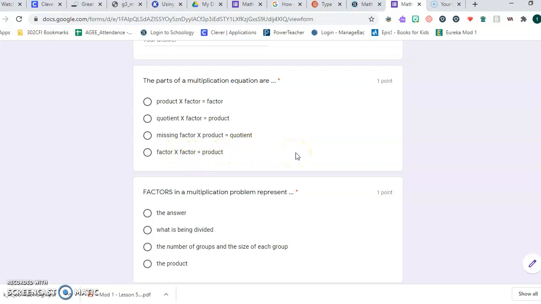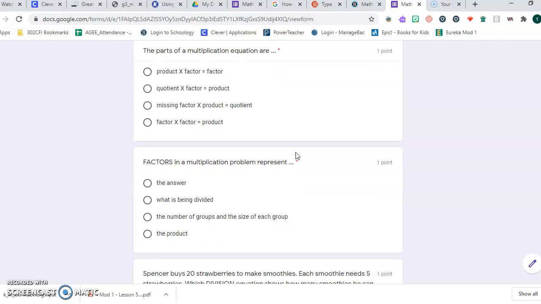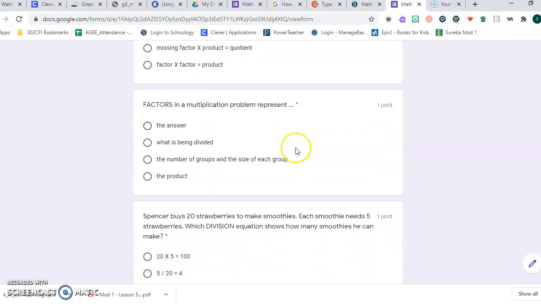You can feel free to go back and look at videos from our previous lessons, but this is something that we have studied numerous times. Question 2, factors in a multiplication problem represent the answer, what is being divided, the number of groups, and the size of each group, or the product.